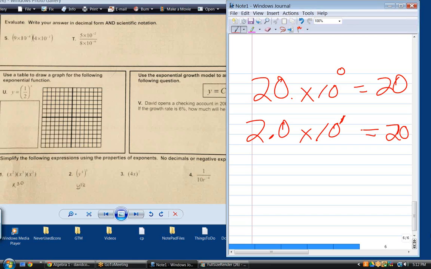Now, I understand how that can get confusing and you can sometimes get it reversed. But that's why I illustrate this problem. It's because this problem will always tell you which way to move it. In other words, we know that 20 times 10 to the 0 is equal to 20. And we know that 2.0 times 10 to the 1 is equal to 20. So that gives us our rule on which way to move the decimal point and what to do with the exponent.